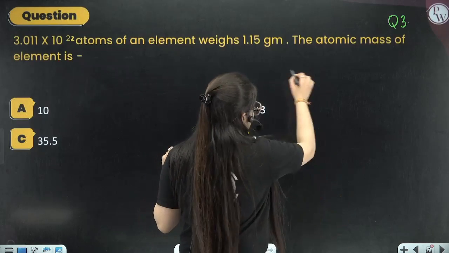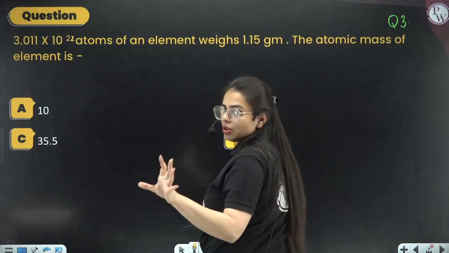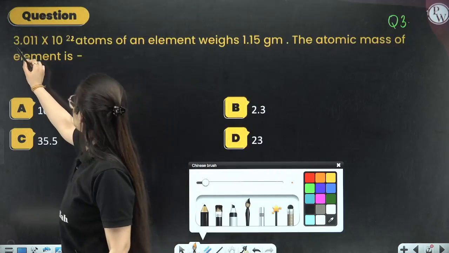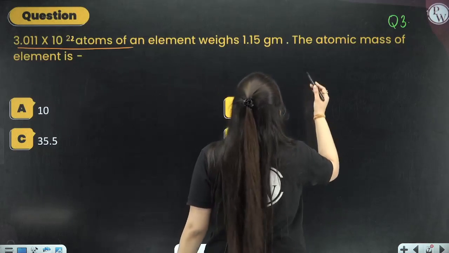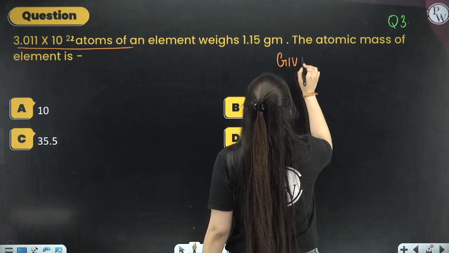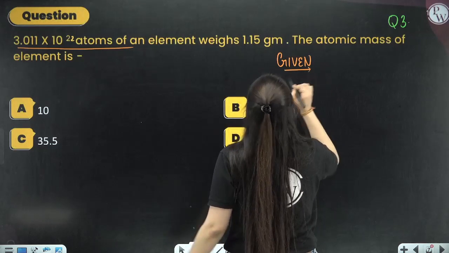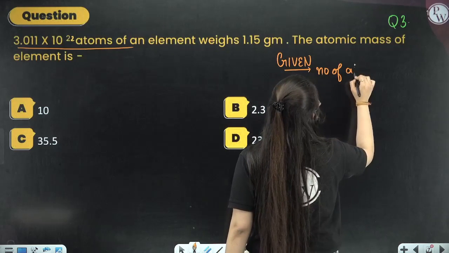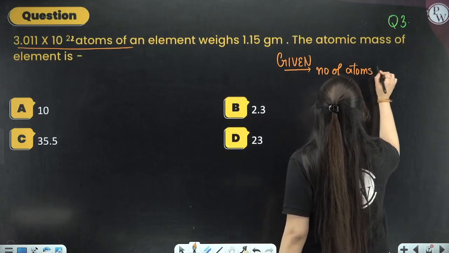Now I am writing the given part over here, then we are going to solve the question. What is the given situation over here? Ma'am, they have given us the number of atoms of a particular element. So what is given to you as per the question? They have provided you the number of atoms.